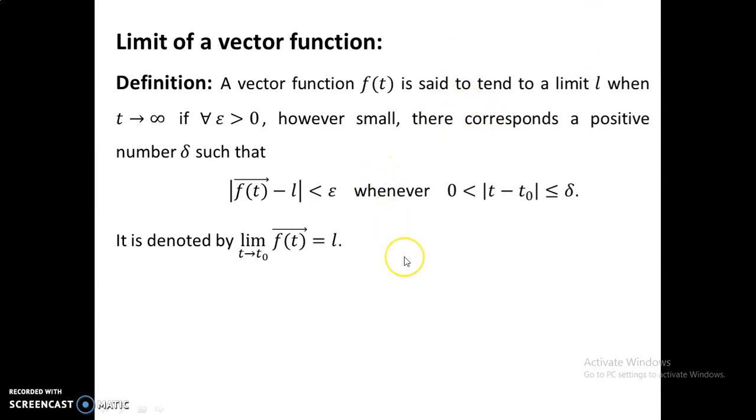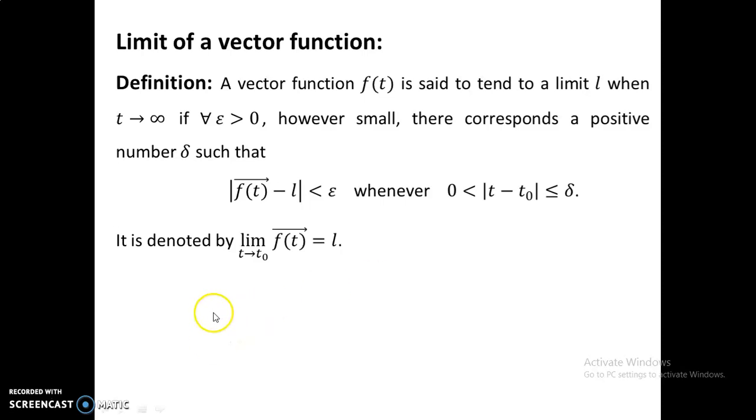A vector function f of t is said to tend to a limit L when t approaches t naught if for every epsilon greater than 0, however small, there corresponds a positive number delta which depends on epsilon, such that the magnitude of f of t minus L is less than epsilon whenever the distance between t and t naught lies between 0 and that small positive number delta.